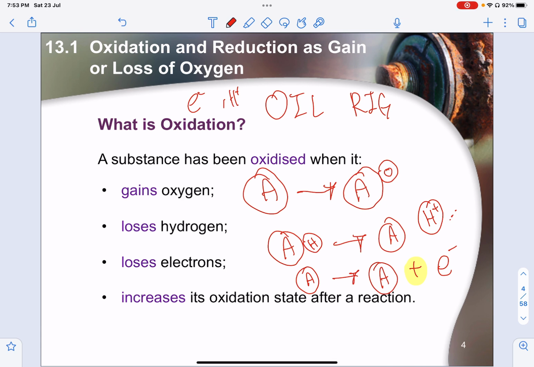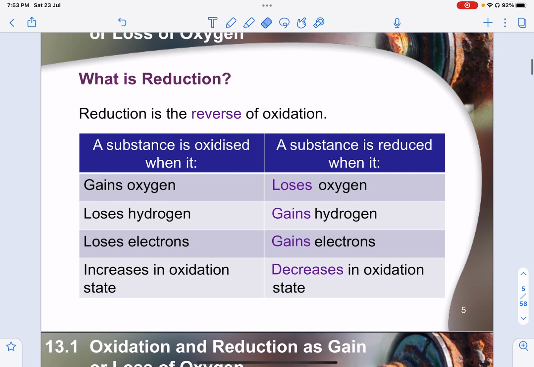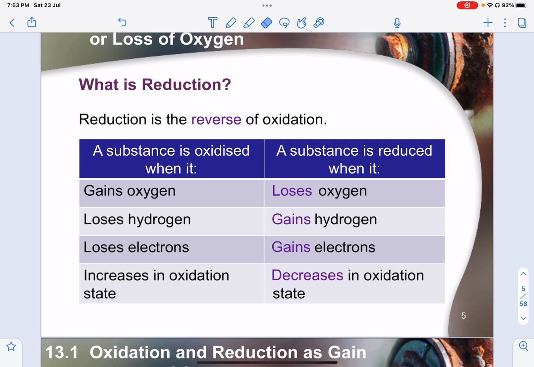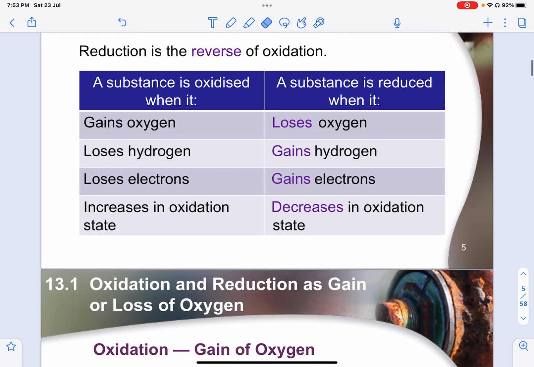You cannot use this particular acronym for the oxygen scenario, because only during oxidation is there loss in electron or loss in hydrogen, whereas reduction, which is the R, is gain in hydrogen or gain in electrons. Okay, so just only these two particular scenarios. So reduction is basically the opposite or the reverse of oxidation, where if oxidation gains oxygen, you will tend to lose. So this is like just now what we discussed.